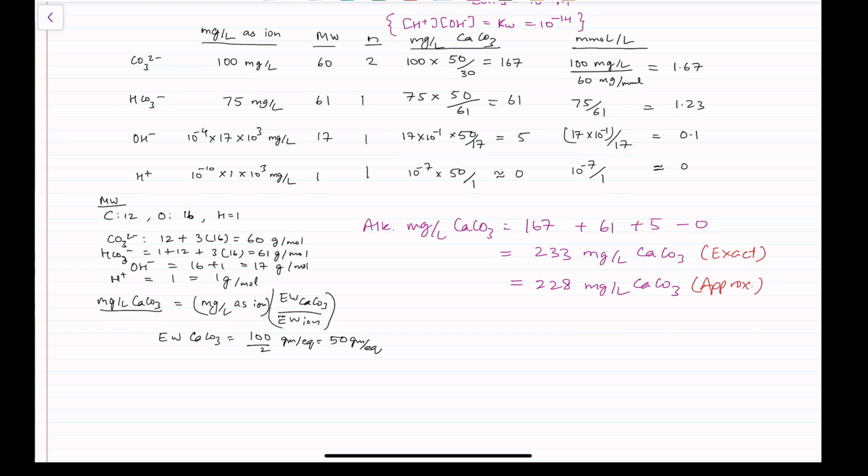And then if we do alkalinity in millimole per liter, that would be 2 times 1.67 plus 1.23 plus 0.1.